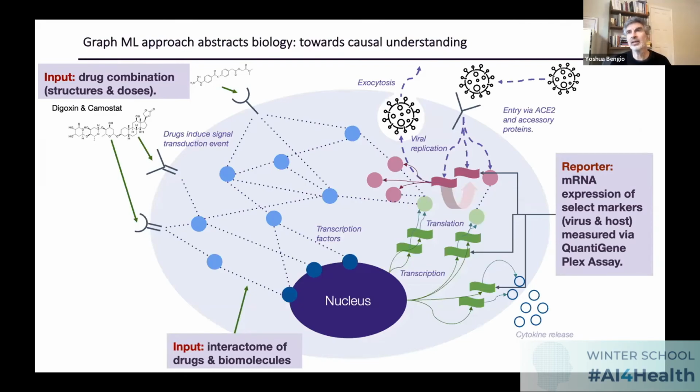The experiments here are not necessarily try this drug. It could be try this drug, but it could be knock out a gene, and then the measures might not be whether or not the drug works or the extent to which it works, but more high-dimensional things like what's happening with the expression of the cell.